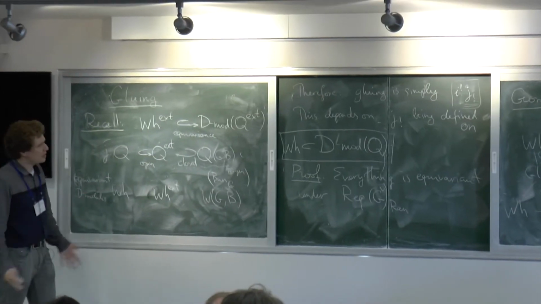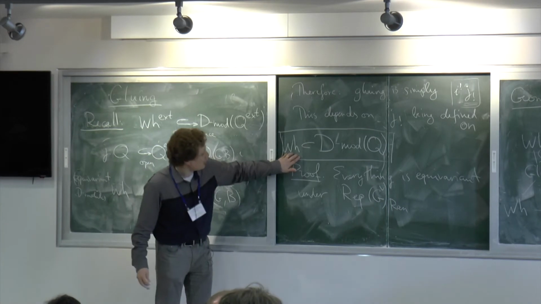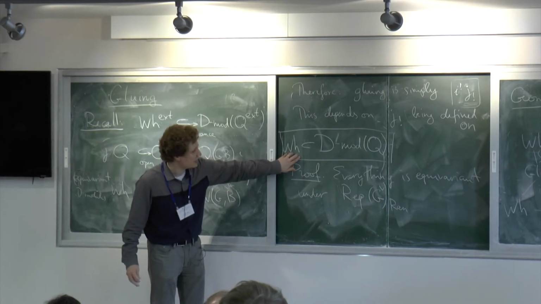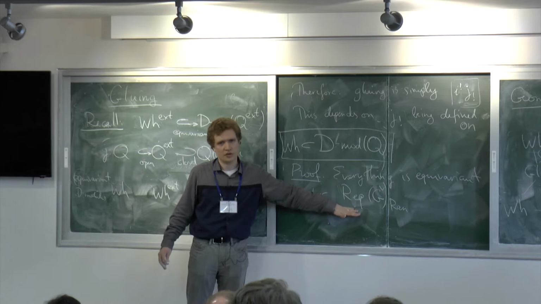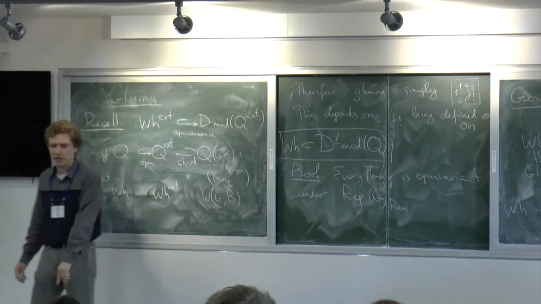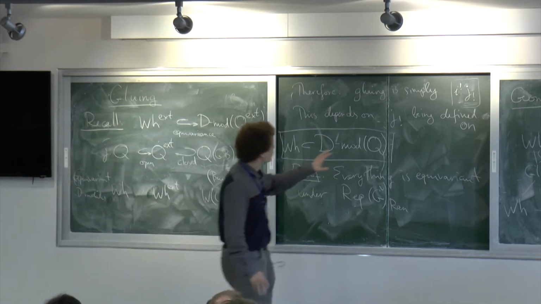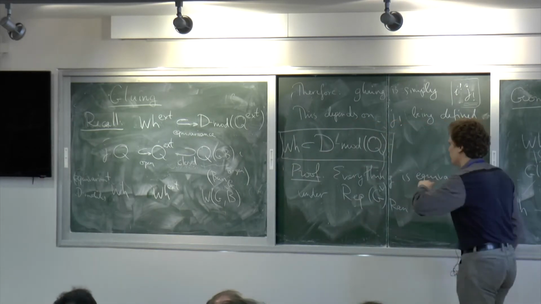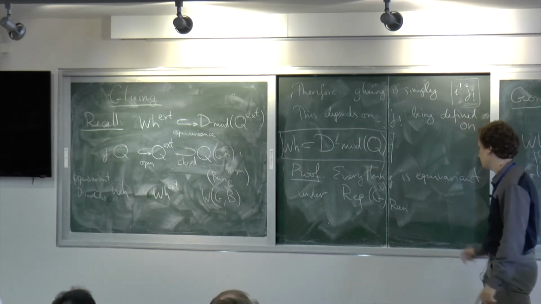And so this category, as was explained, is actually cyclic under this action. So it's generated by a single object. Because of this, it's enough to verify that this functor is defined on this single object.